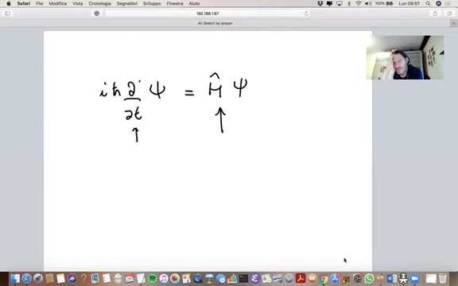And what this equation is actually telling me is that in order to get the energy of a function of a quantum state, I must take the time derivative.